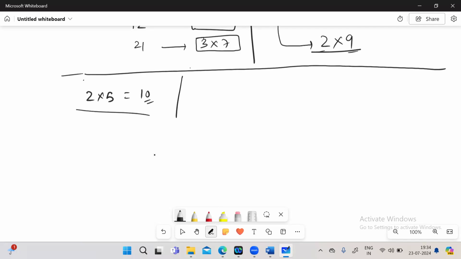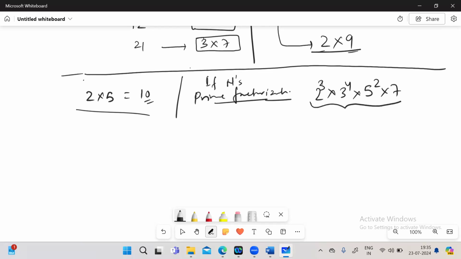So if a number has prime factorization like this, if n's prime factorization is 2 to the power 3 into 3 to the power 4 into 5 to the power 2 into 7, how many zeros will be there in this number in the last of the number?